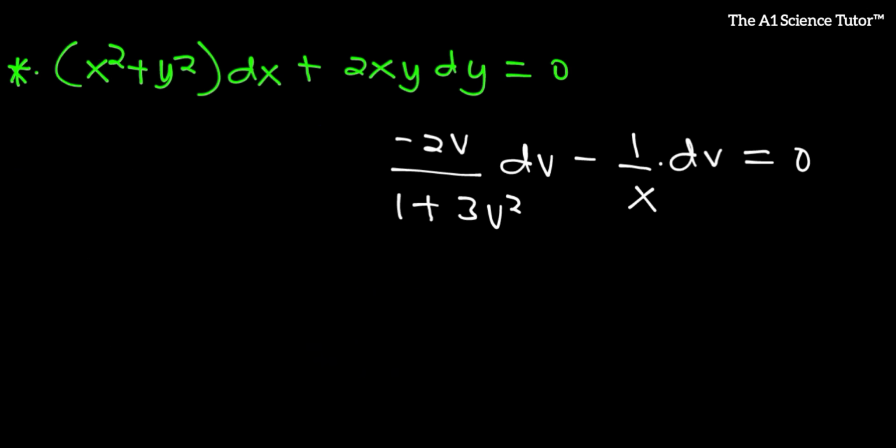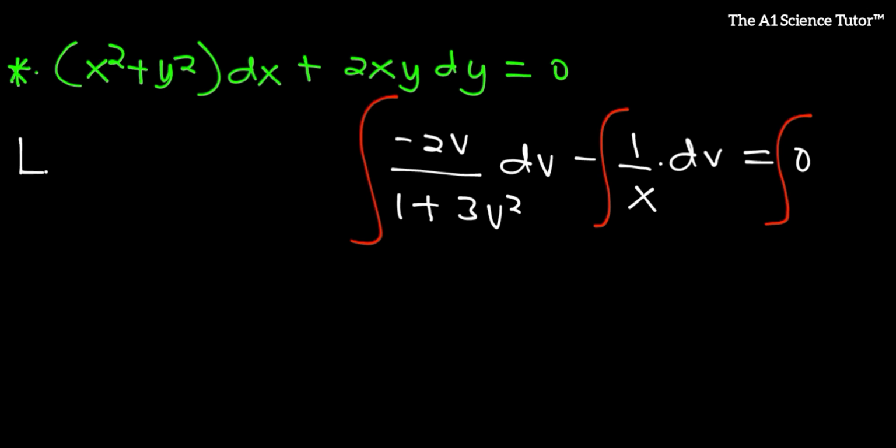So the last thing we need to do is integrate both terms of the left hand side and the term on the right hand side, which is actually 0. So how can you integrate this? We actually need to use the form of u substitution.